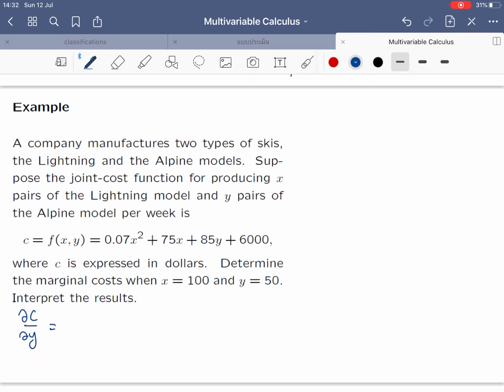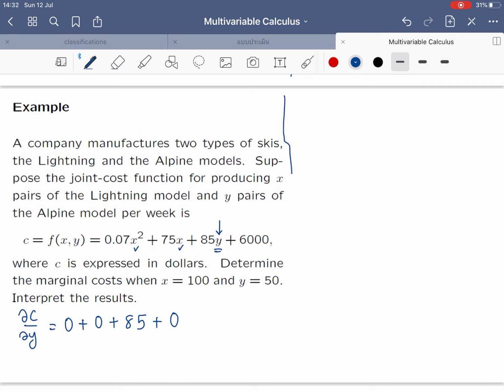So here your y is right there alone, so the rest can be regarded as a constant. So the first term becomes 0 after finding a derivative with respect to y, the second term as well, the third term is 85, and then the last term, because it's already a constant, is 0.